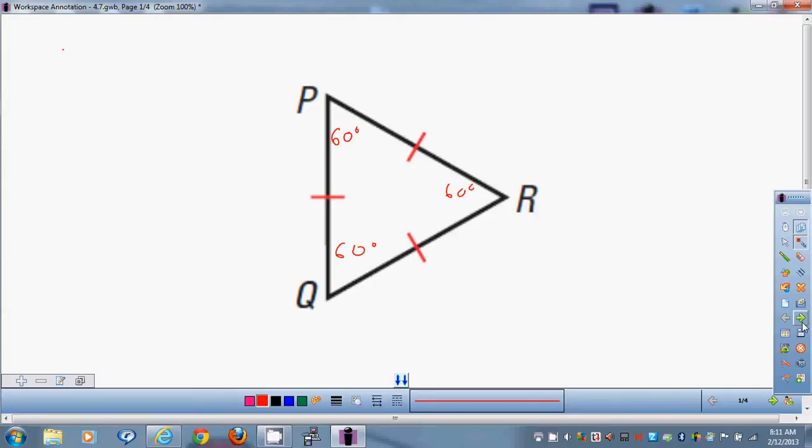Ooh, quiet person time. Cameron, what is an isosceles triangle? No, you're not Cameron. What is an isosceles triangle? Oh no, really?